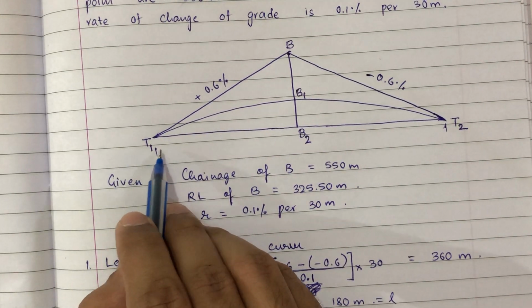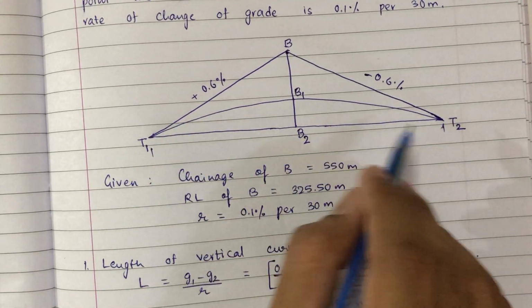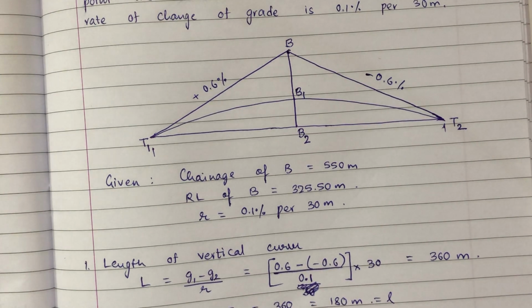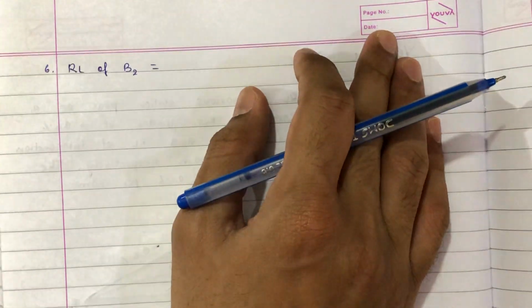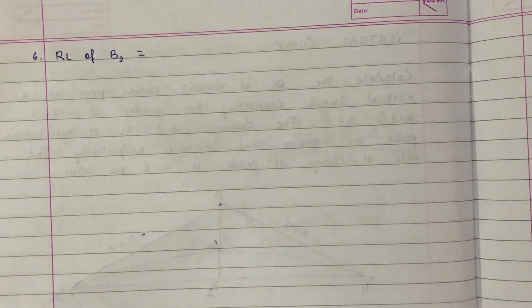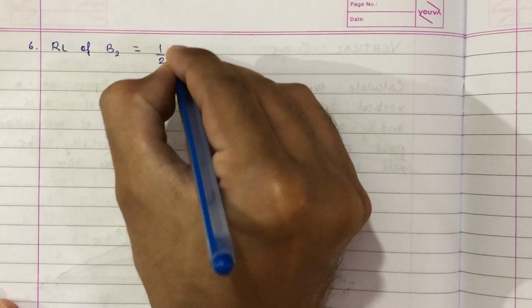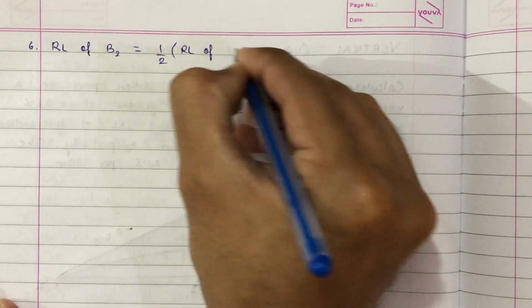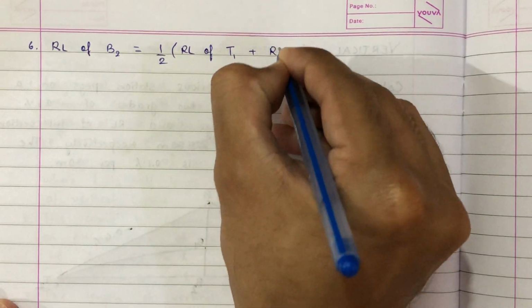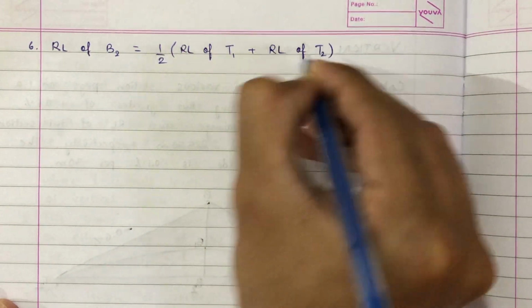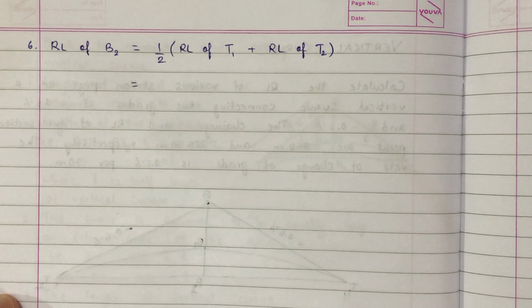So T1 plus T2 whole divided by 2 will give us the RL of B2. Both the values have been calculated.